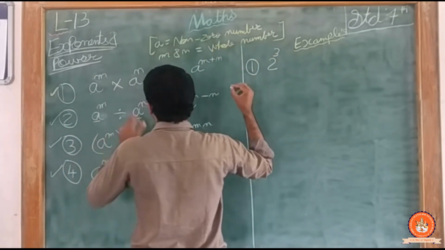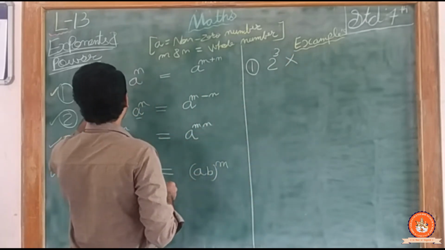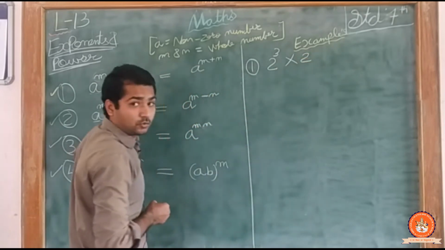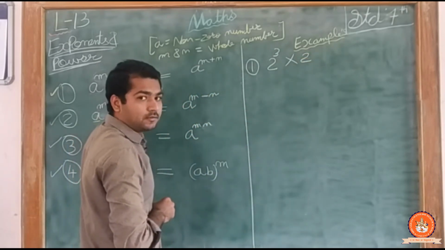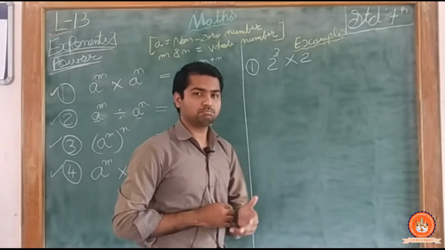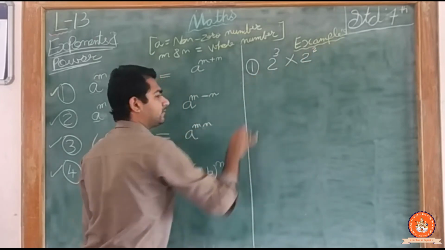Multiplication and a. Here a is my 2. I will also take a as 2 only. Here is n, so n will be different. I am taking n as 2 raised to 2. This is my question.